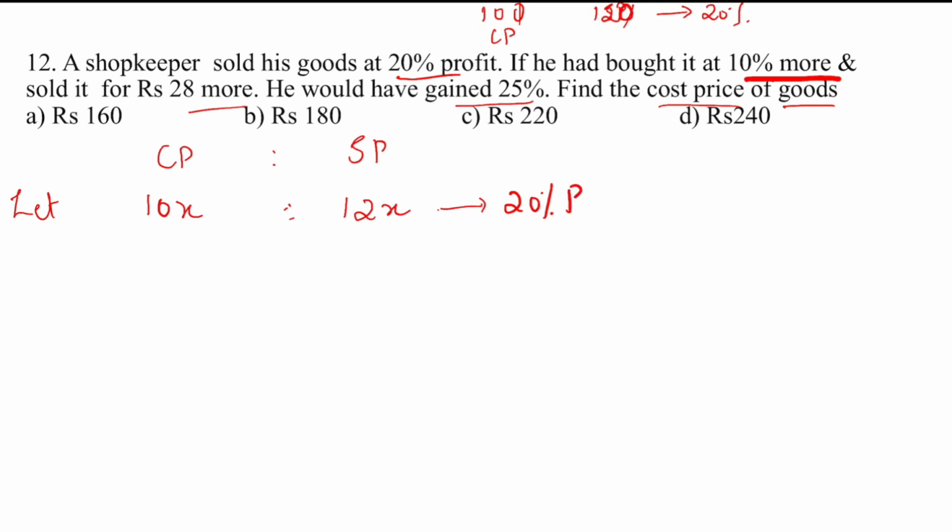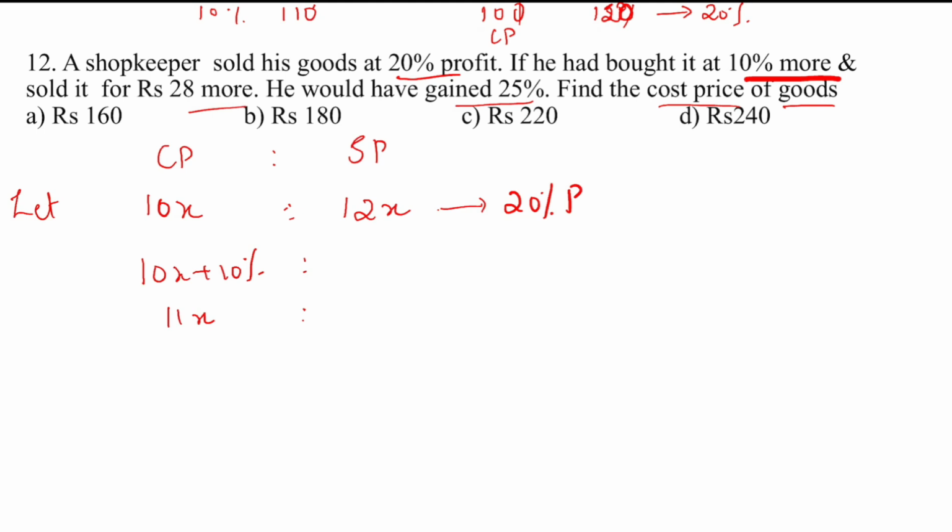Next, if he had bought it for 10% more, 10x plus 10% will give us 11x, because 10% profit on 100 will be 110, isn't it? So taking 0 less, I take 11x.